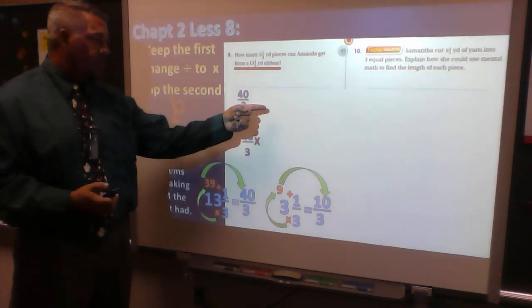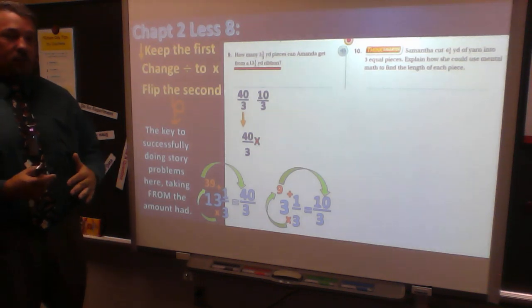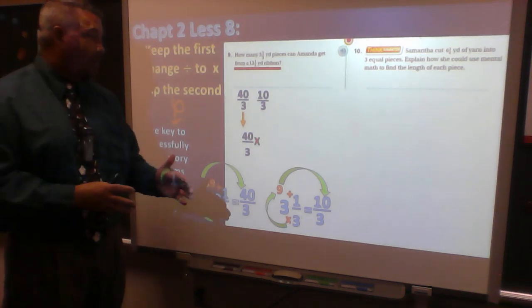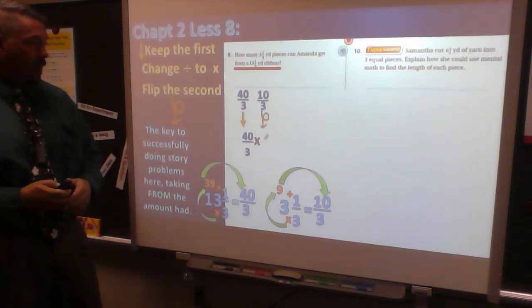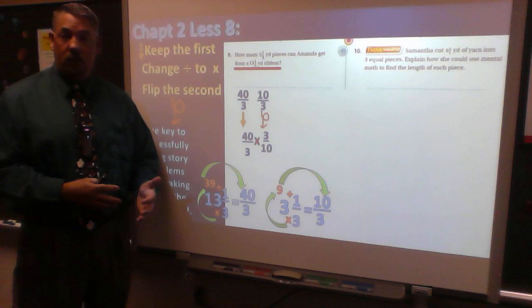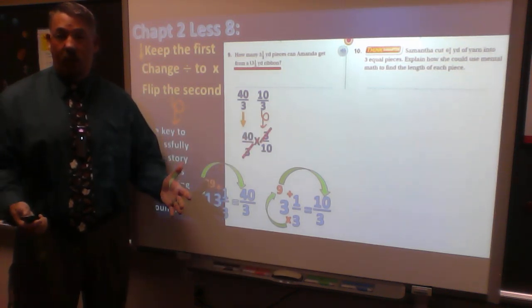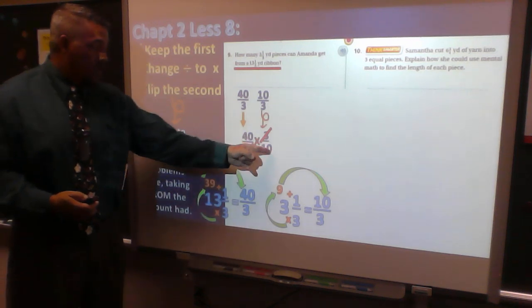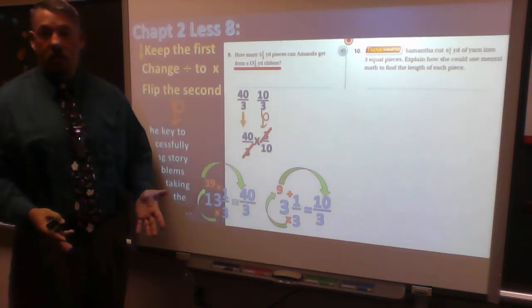And if I have 10 thirds, my last step is to flip it. Don't forget that extra step because that's how I make sure I have the right answer. So my reciprocal of 10 over 3 is 3 over 10. And then I can cross reduce both ways, can't I? Because 3's cancel out. They're the same number. They both become 1s. They both end with zeros, so I could reduce by 10s, or I could just cross the zeros off.